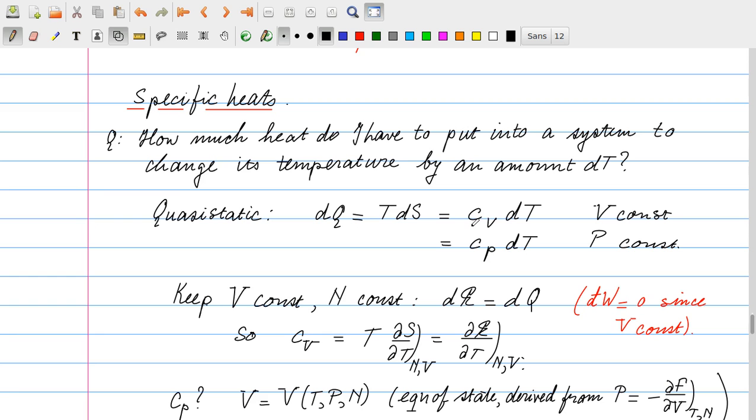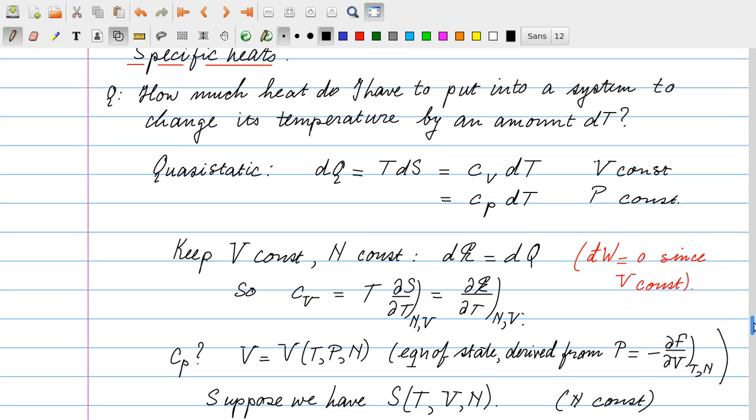Now the specific heat can be calculated for a system for which you keep the volume constant, then it's called CV, or the system for which you keep the pressure constant, that's CP. If you keep the volume constant, let's try to write the CV in a different way. So CV is dQ/dT or TdS/dT.